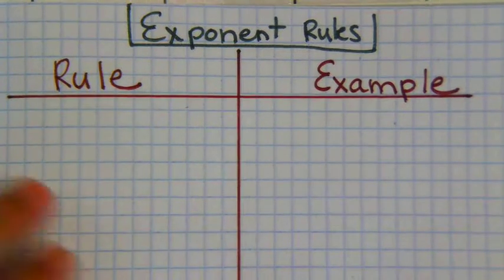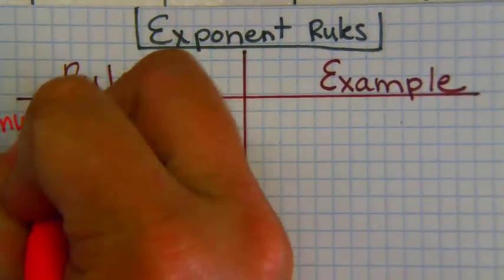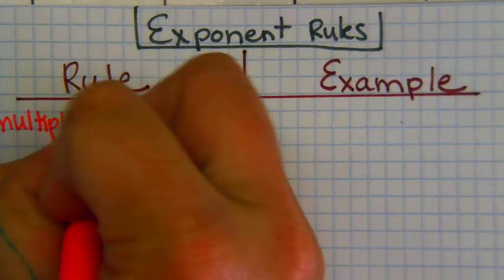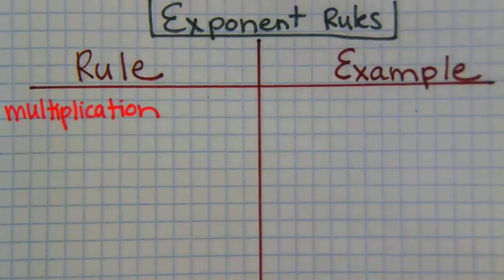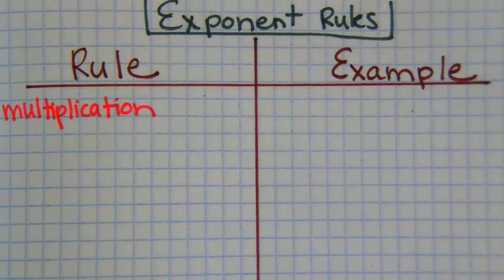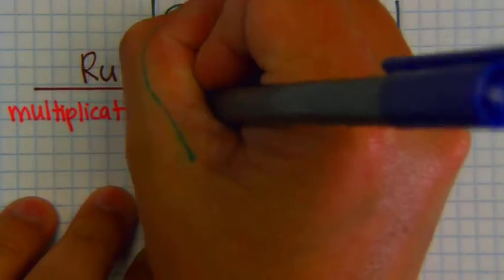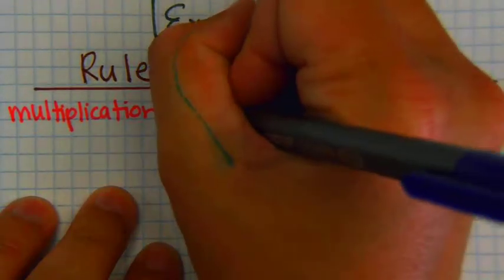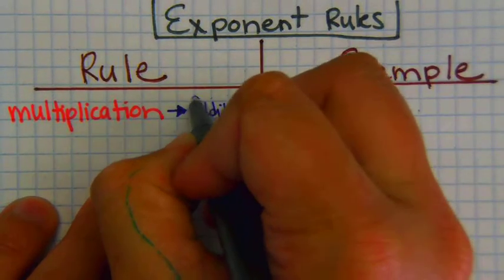So the first rule is for multiplication. Okay. So multiplication with exponents. Whenever you have multiplication, you add. So multiplication means addition with exponents.